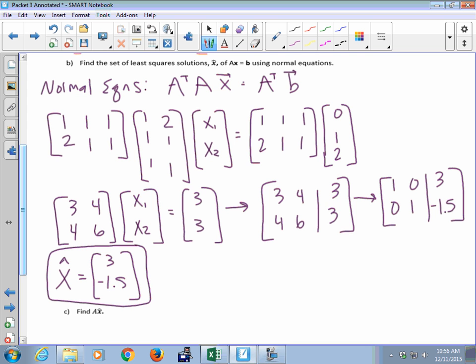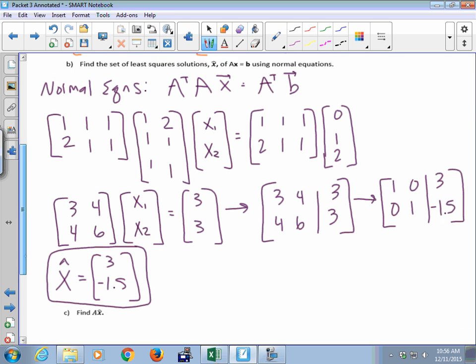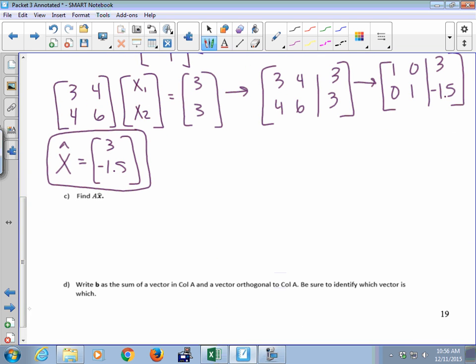So if I go to my original equation, Ax equals b, if I put in the x hat, that's as close to b as I can get. So let's just verify that. I want to find A times x hat.